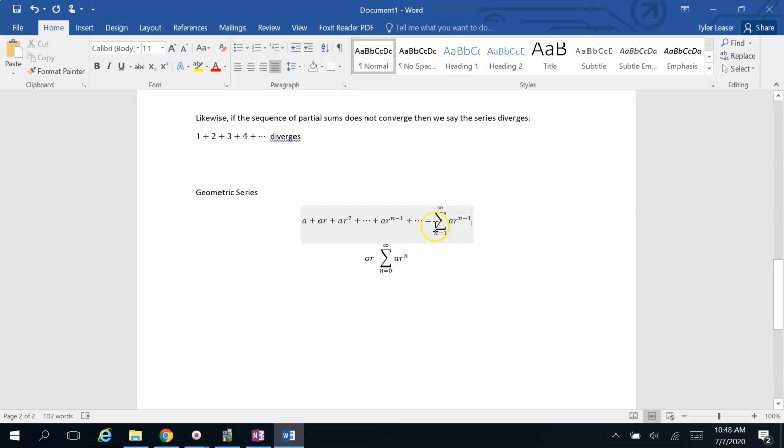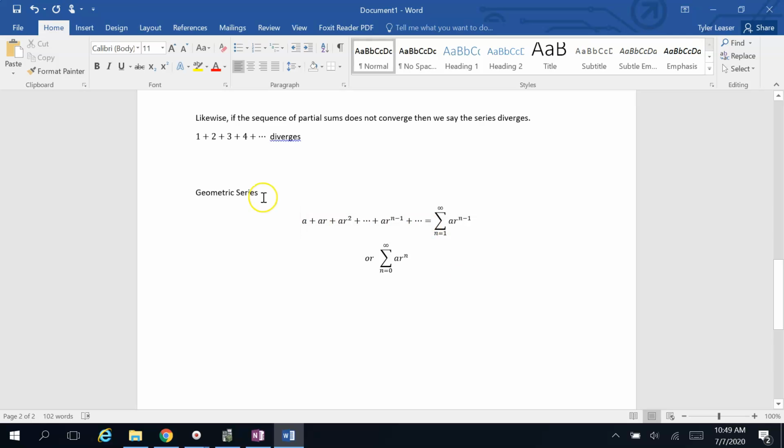So make sure you have both of these in your head when we're talking about geometric series, because you'll see questions that look either way. Either the index starts at 1 and then it's ar to the n minus 1, or the index will start at 0 and then it's just ar to the n. But keep in mind that both of these are the exact same thing.